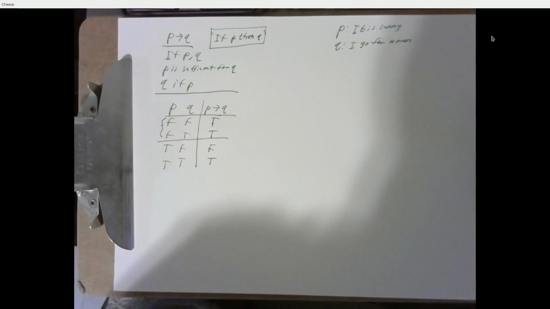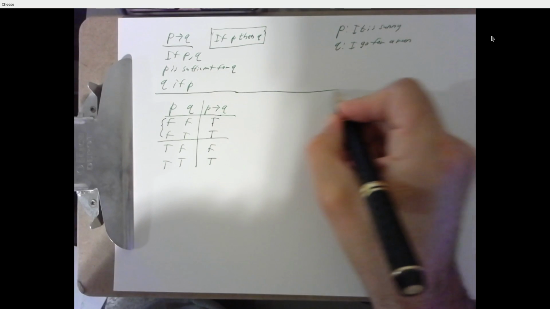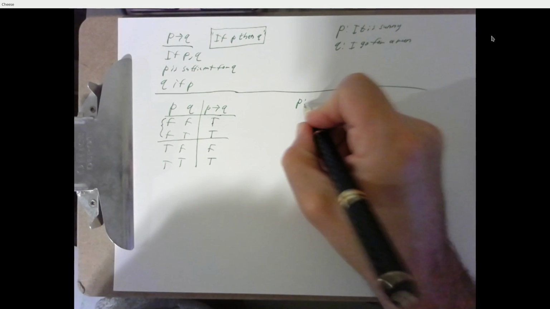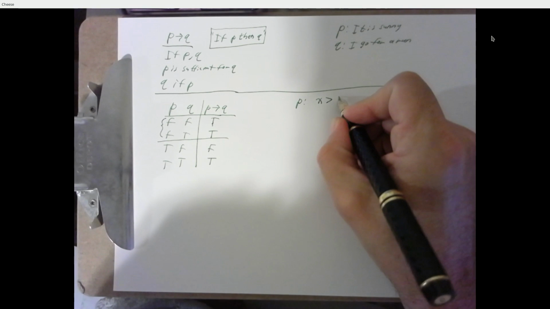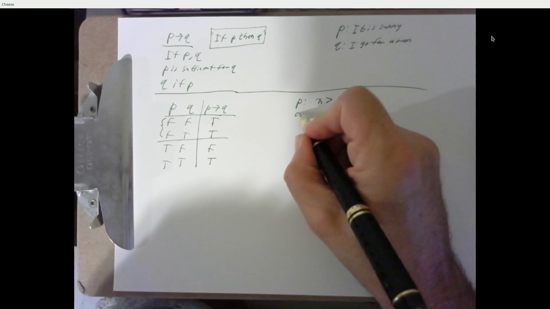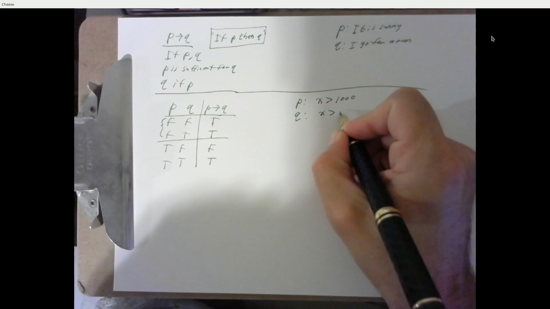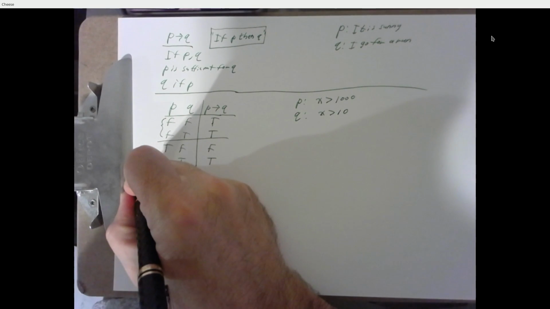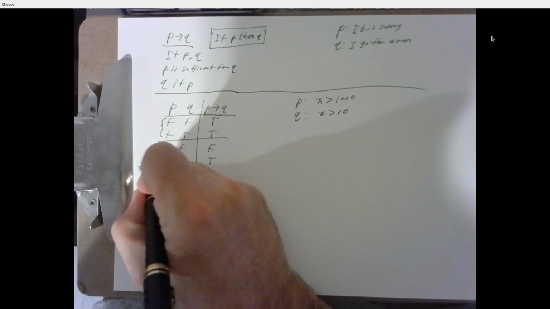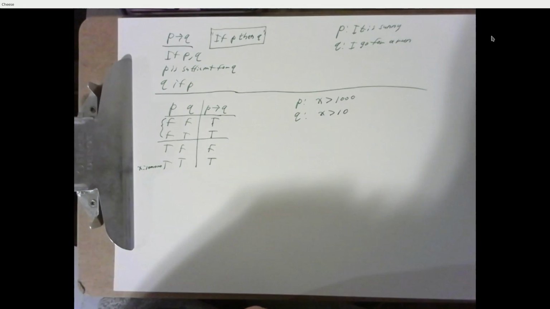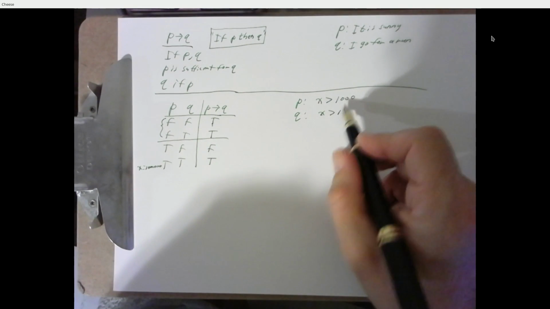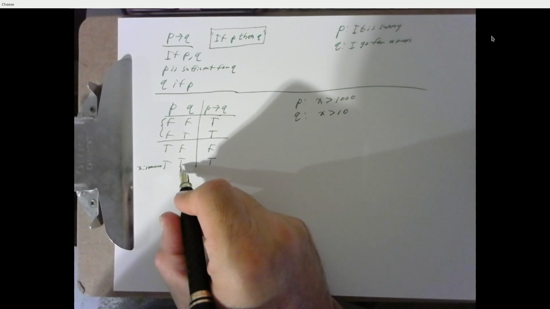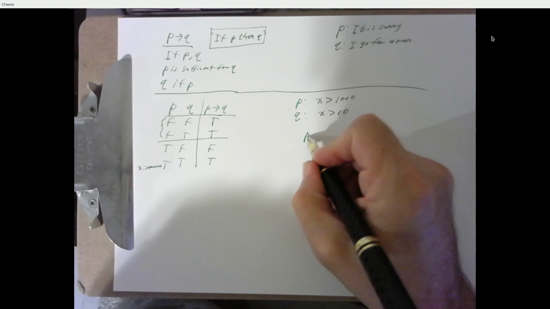So let me give you a different pair of propositions that may make this a little more palatable. So let P be the proposition x is bigger than 1,000, and let Q be the proposition x is bigger than 10. Okay, suppose I set x equal to 1,000,000. X is bigger than 1,000 and x is bigger than 10. So P is true and Q is true. What does P arrow Q say?